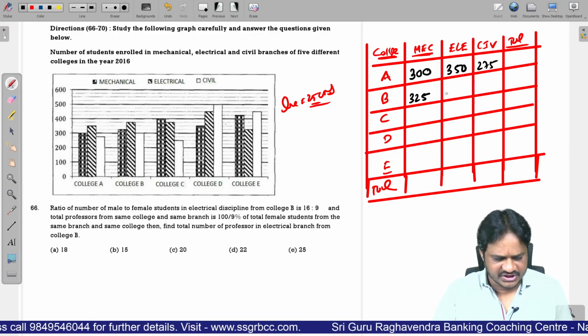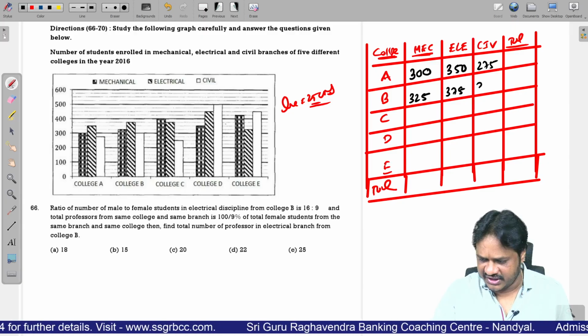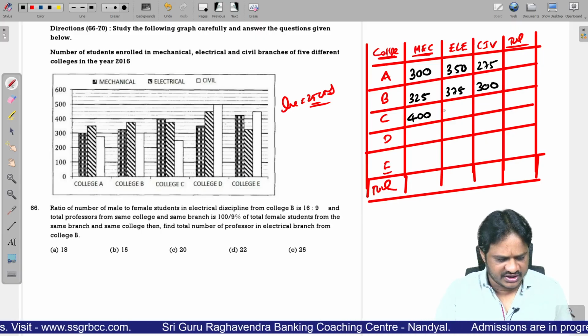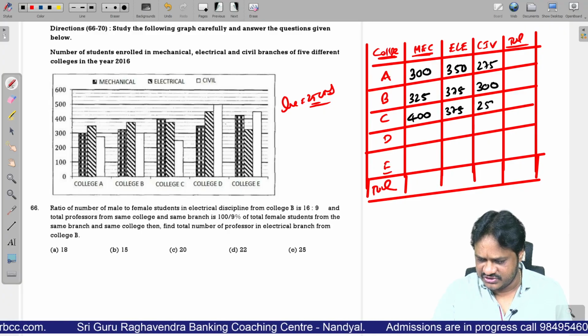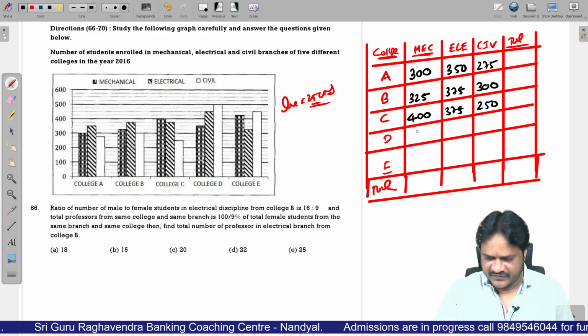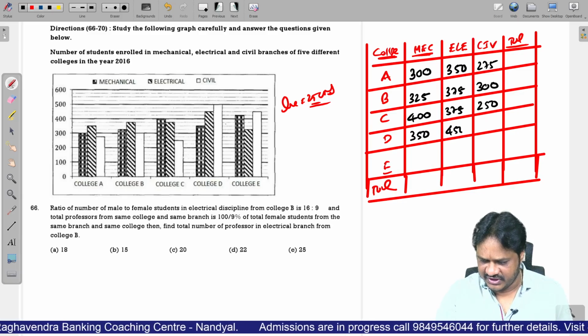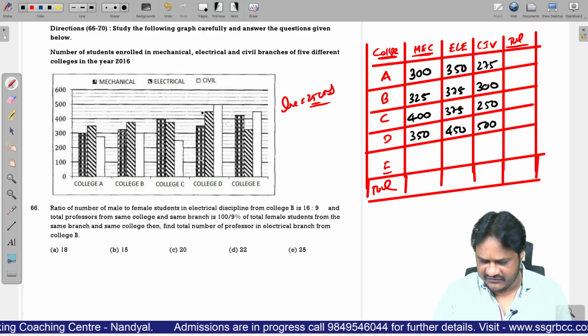What about the second one? 375. The next one is 300. Next C. The first one is 400. Second one is 375. Third one is 250. D. First one, it is 350. Second one, it is 450. Next one, exactly 500.